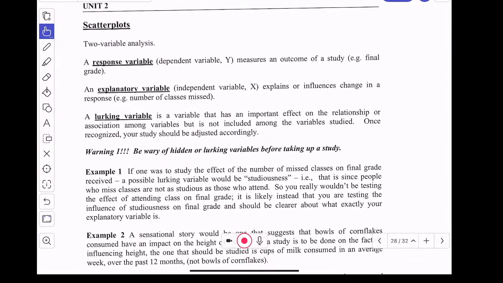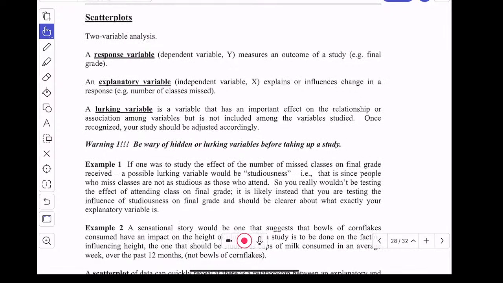Now, how many of you watched the videos on scatter plots? Anyone? No one?